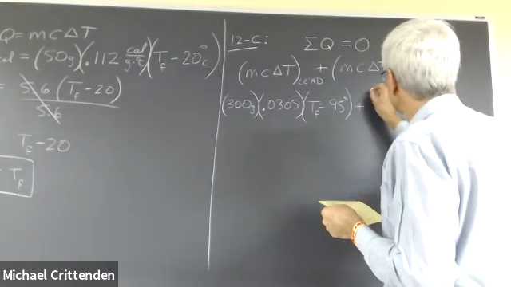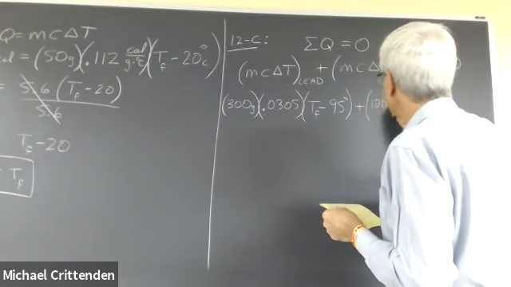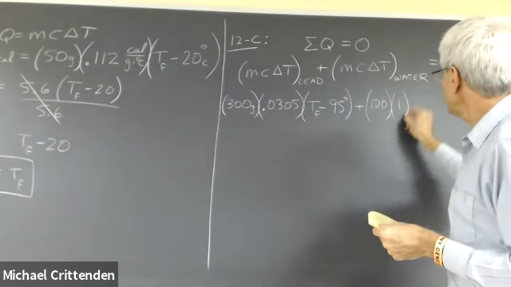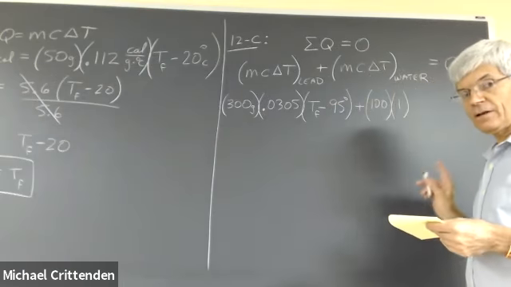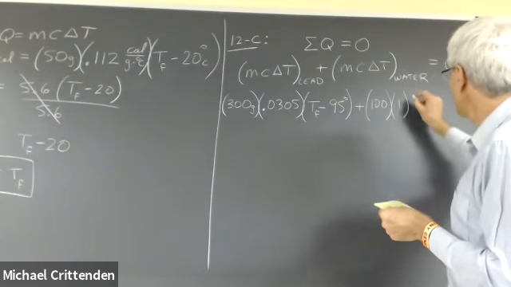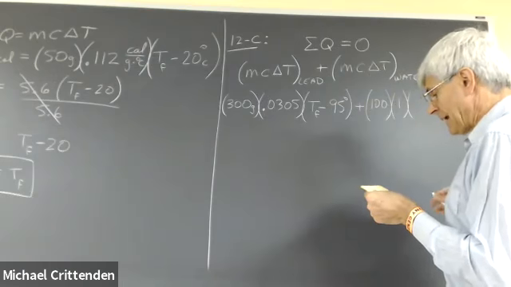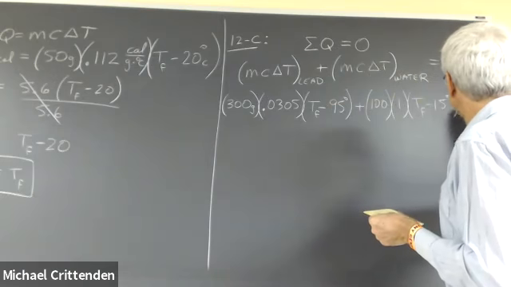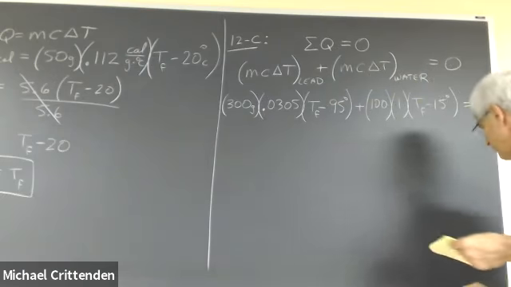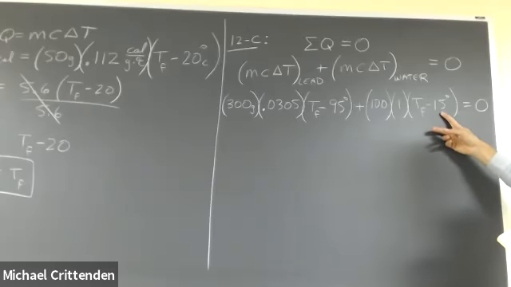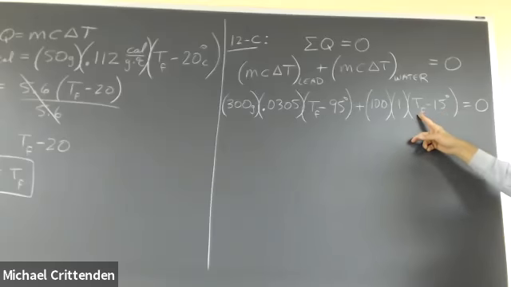You have 100 grams of water. The specific heat of water in these units is 1. That follows directly from the definition of the calorie. The initial temperature of the water is 15 degrees. The water warms up as heat flows into it.